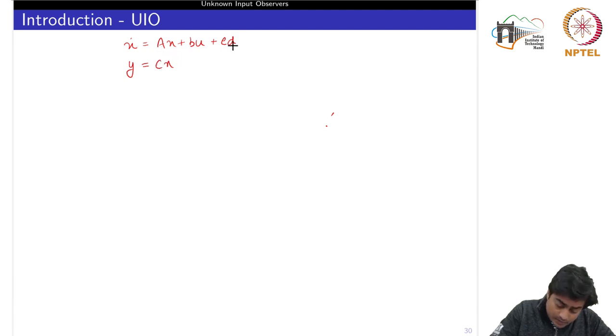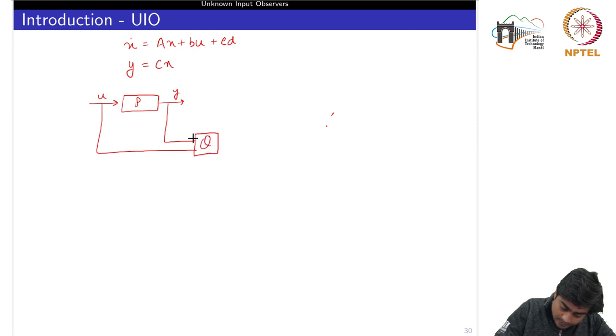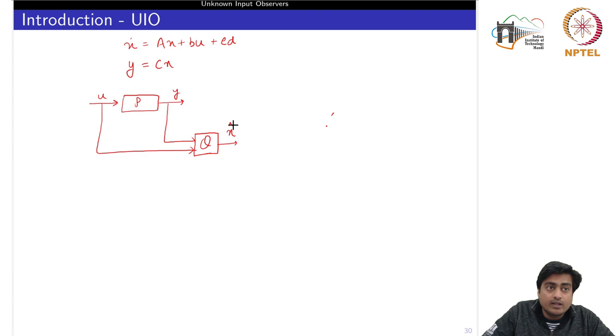So for this disturbance, let's say we have this plant with the input and output Y. By taking these two measurements, we have designed an observer which gives us the estimate of the state, right? Now if we have this disturbance term in the plant itself, then what would happen to the observer?